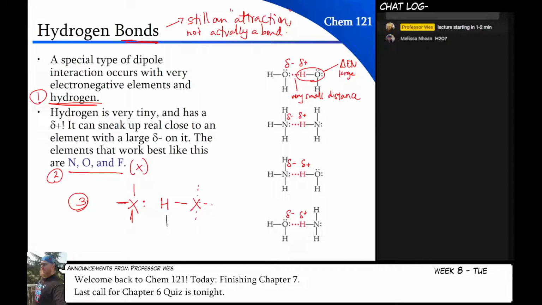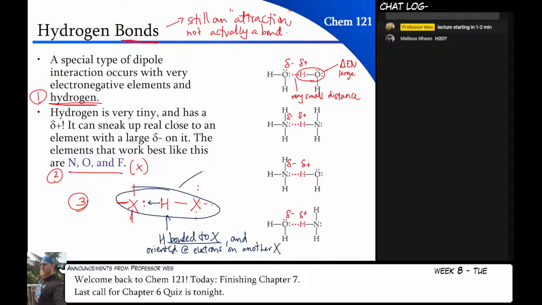What we need is H bonded to X, and it has to be oriented at the non-bonding electron pair on another X. And if you can do that, then the interaction that you've made is a hydrogen bond.